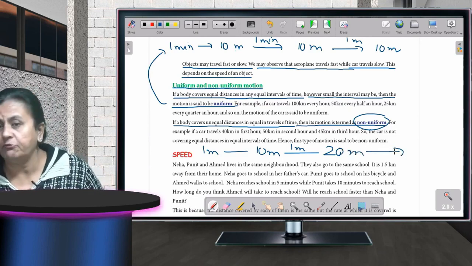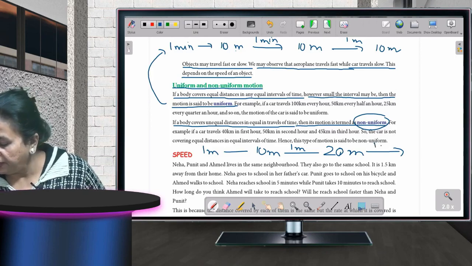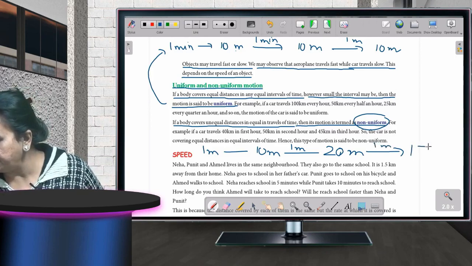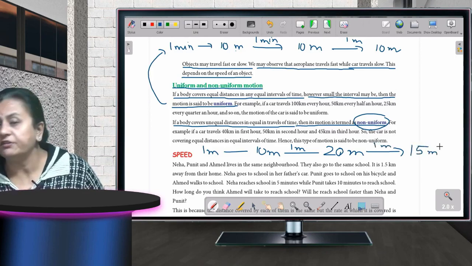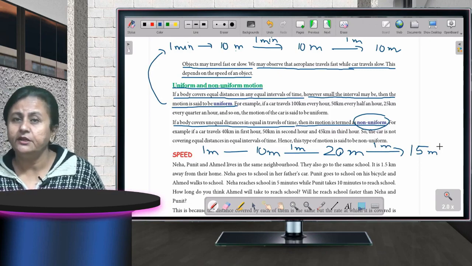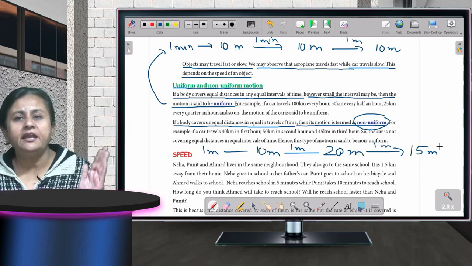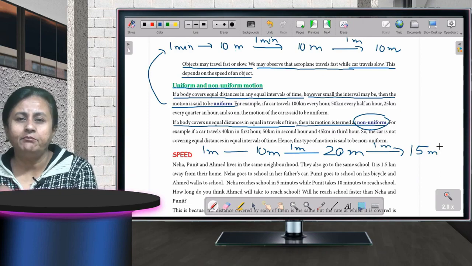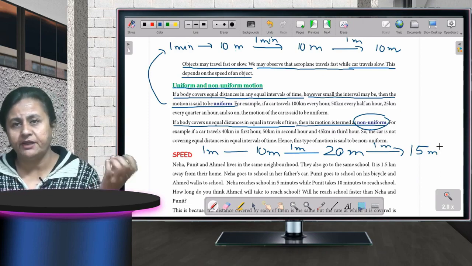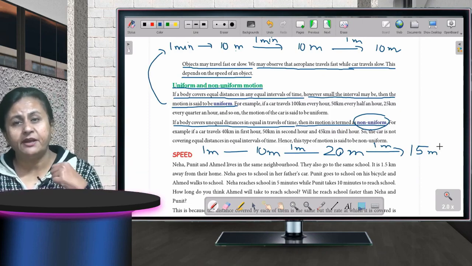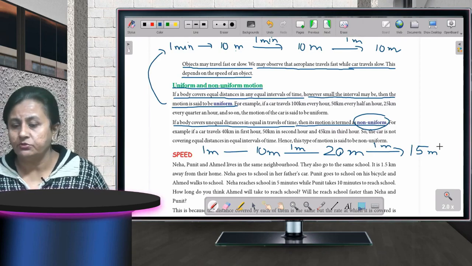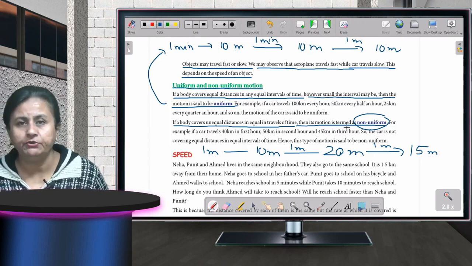Then again, I got tired, and in 1 minute the distance is 15 meters only. That means my speed is sometimes low, sometimes I'm walking fast, sometimes I'm slow. That is an example of non-uniform motion.